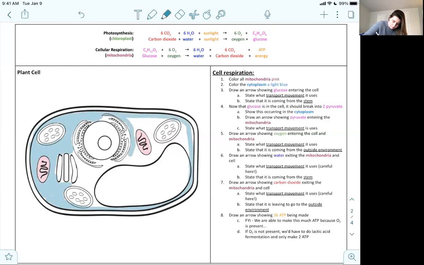Going kind of around some organelles here that we aren't super familiar with. We've got endoplasmic reticulum, we've got vacuoles, we've got nuclei, well, one nucleus, some things like that. Excuse my messy coloring here, please. Okay, so there's our cytoplasm colored in.